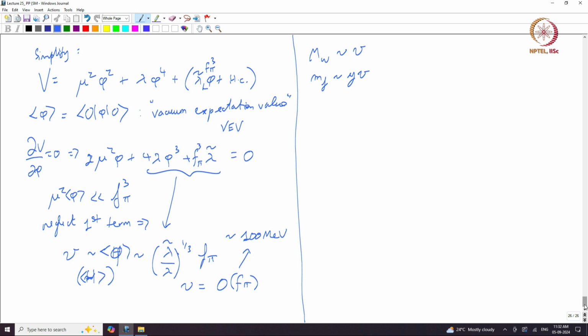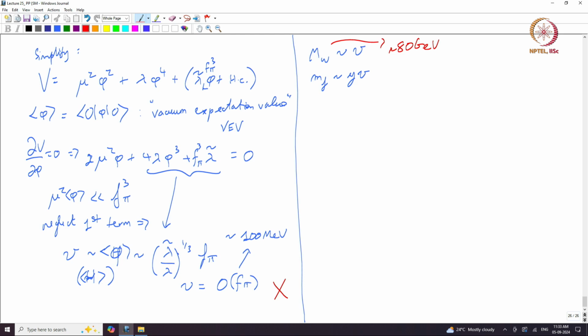So clearly this cannot be our world, clearly this possibility is ruled out. Things are not at 100 MeV, they are much higher. The W boson mass is around 80 GeV, right. So clearly this cannot be true.